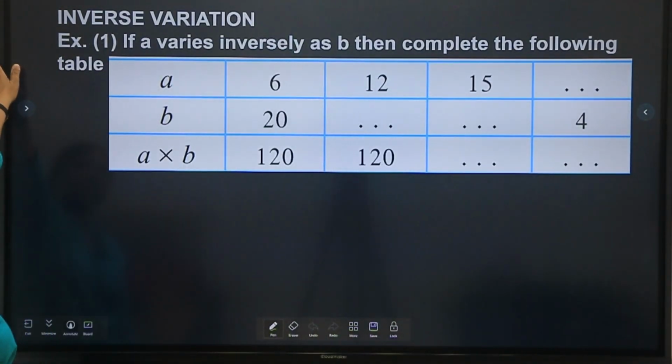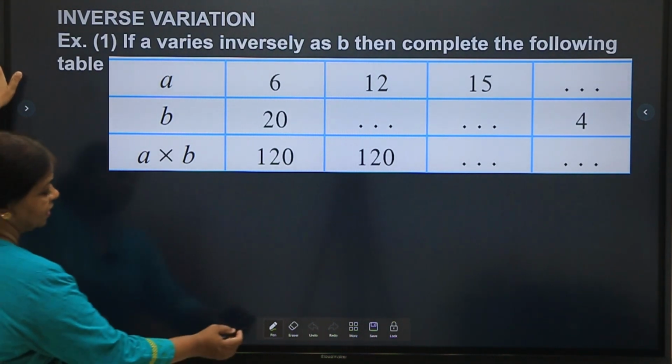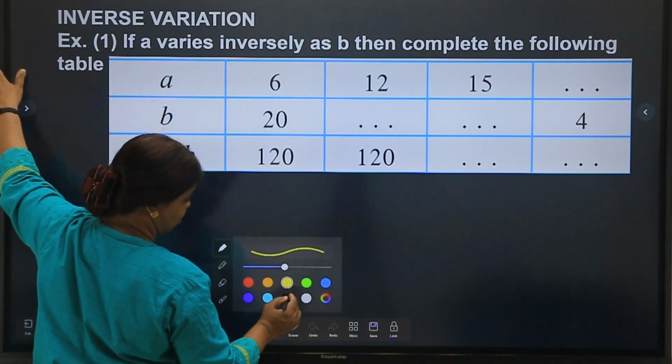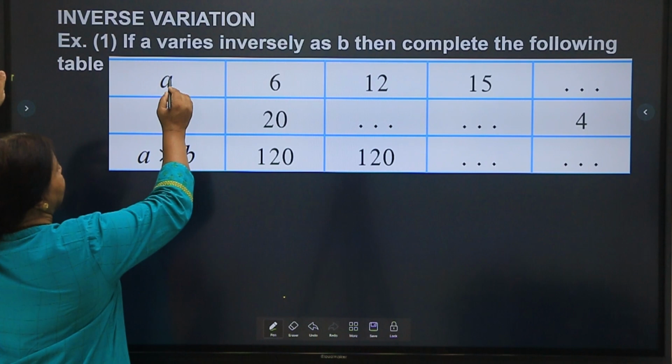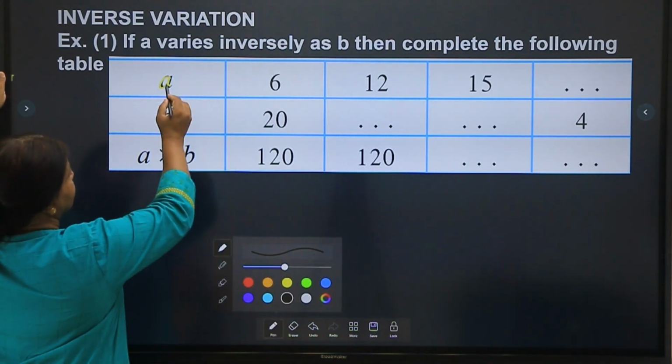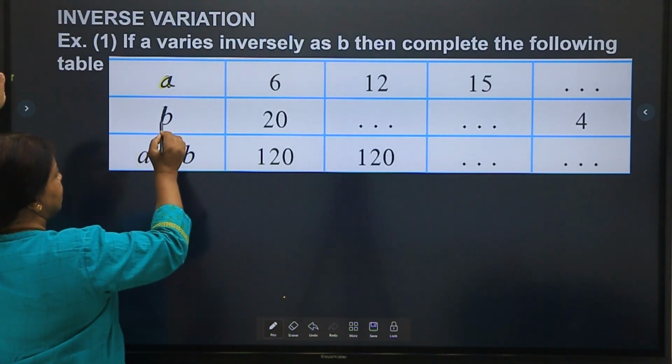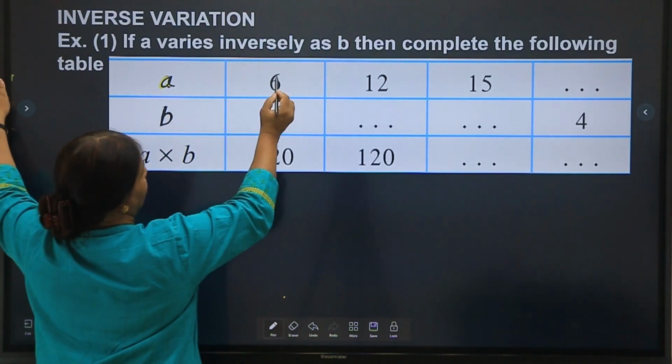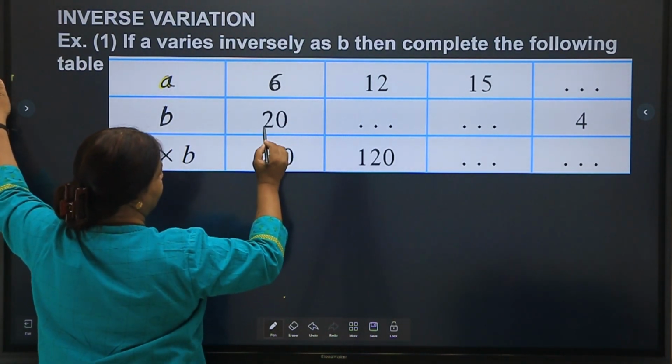Here you can see one table, an example based on inverse variation. You can see one factor here, A, and this is B, 6, 20.